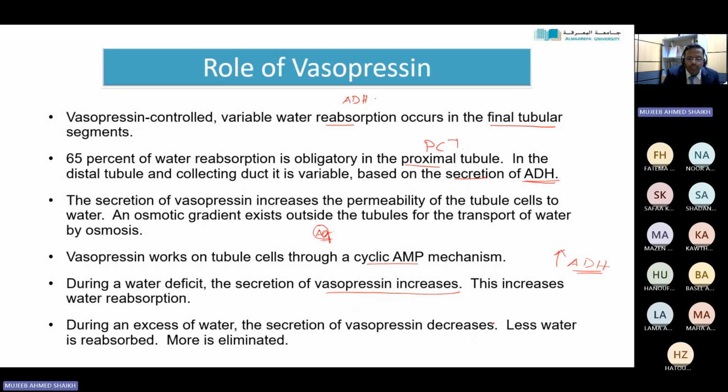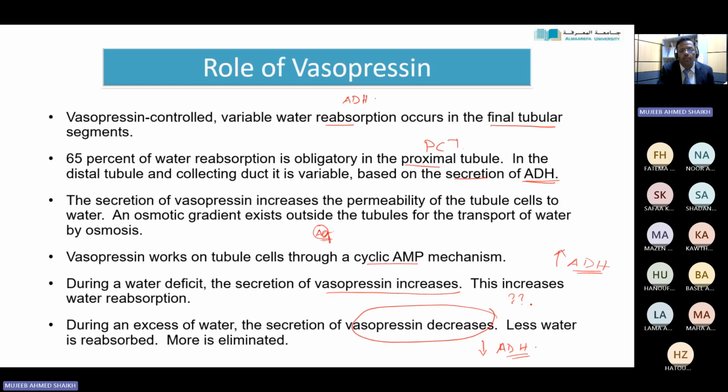This will lead to a decrease in ADH secretion. ADH will be decreased in the blood. If ADH is decreased, what will happen to the renal tubule and collecting duct? Please answer quickly, these are basic questions.